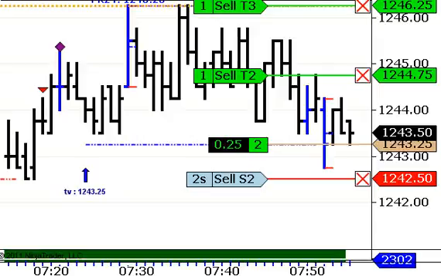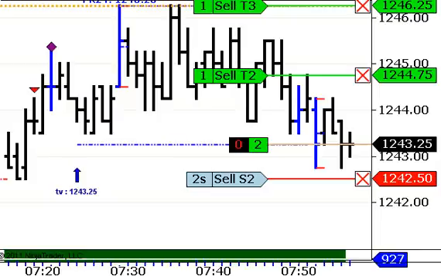And now we've got two contracts remaining. So should the market come down and hit 1242.50, that would be 3 ticks below our entry, and we lose 3 ticks on those two contracts. In other words, we'd make a total of 6 on the profit, but we'd lose a total of 6 should we get stopped out. So that's how we manage the first position and the first adjustment of the stop.